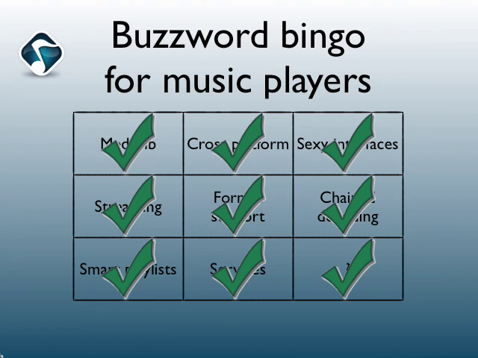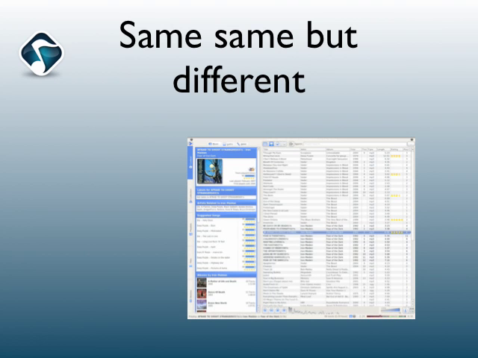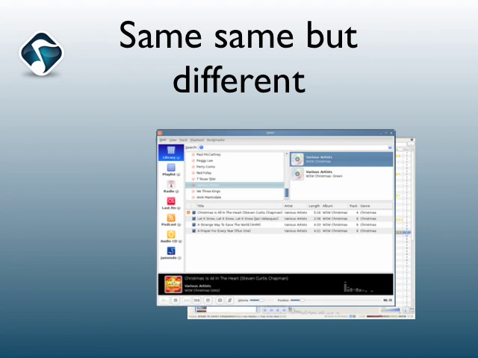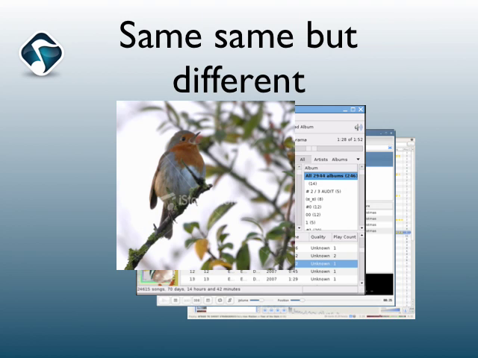And if you look at the competition, we have a lot of competition today because music players seem to be a very interesting area to spend your development time in. We have other players like Amarok, BMPx, Rhythmbox, someone even using a singing bird as a player.